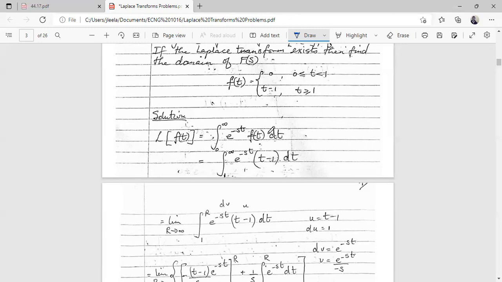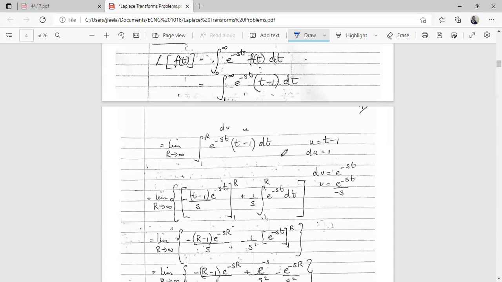So if you're putting that into this formula, then your limits will have to be between 1 and 0, and then you have to add the next value for the function between infinity and 1, right? But remember, if you're multiplying a 0 function by anything, you'll get 0. So that term will just drop off. So all you will get is the integral between infinity and 1 with the function defined to be t minus 1, right? And here you do your usual integration by parts, right?